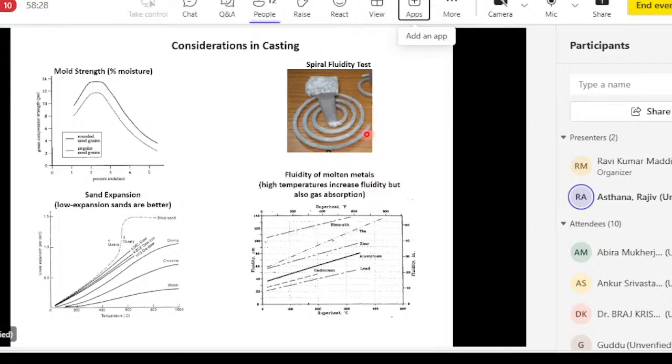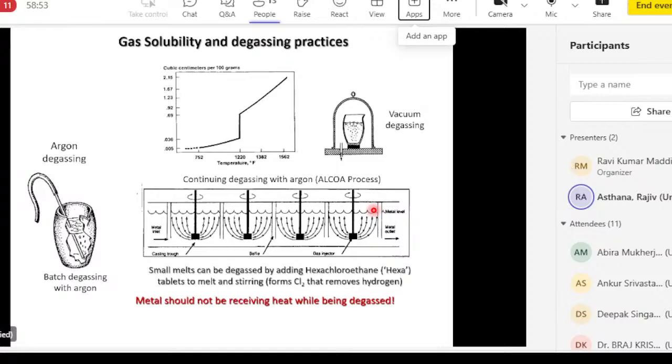It involves both rheological properties of the liquid and the thermal properties, the cooling and the flow behavior. These empirical data on fluidity are shown for some metals here. The higher the superheat or pouring temperature, the higher the fluidity. But higher temperatures also increase gas absorption from the atmosphere. So there is a trade-off in how high a temperature one can go to.